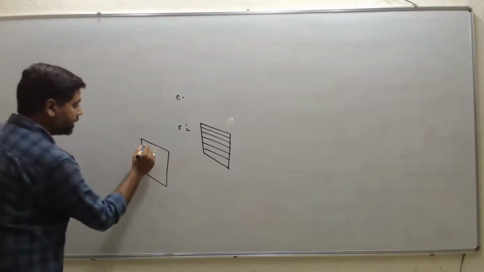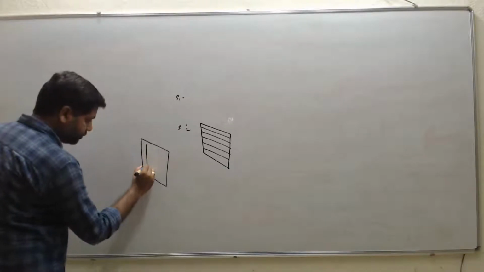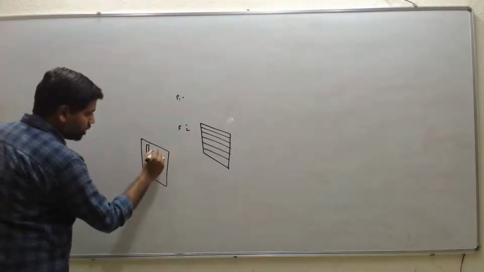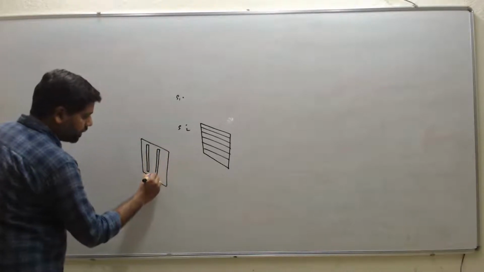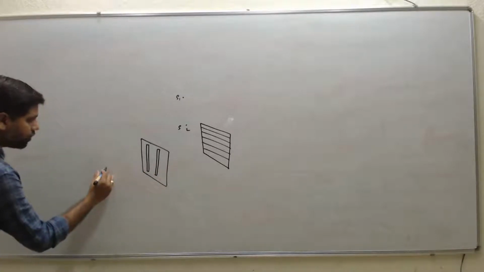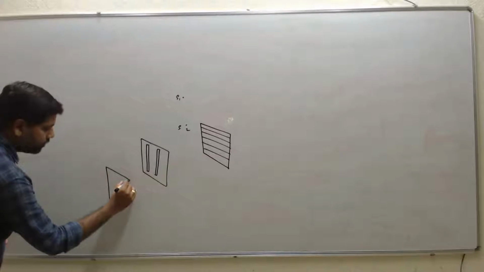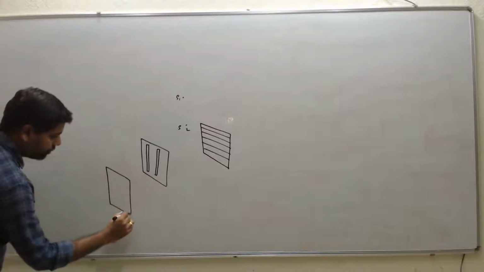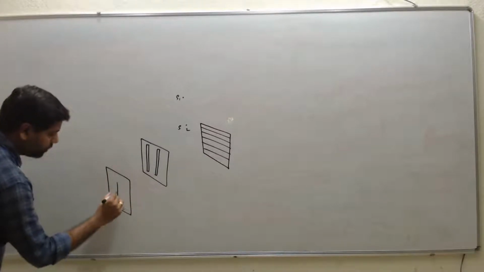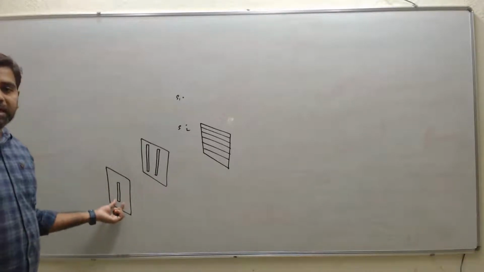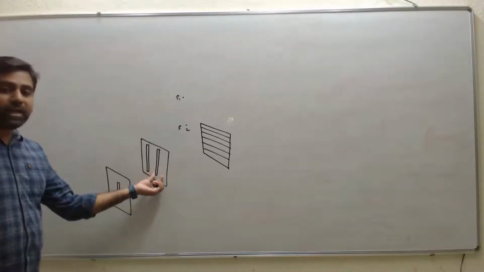Replacing point sources with slits, that is, a small gap. So these are the two slits. Before them, one more slit he placed in the similar experiment. So this one is the single slit, and here we are using the double slit.